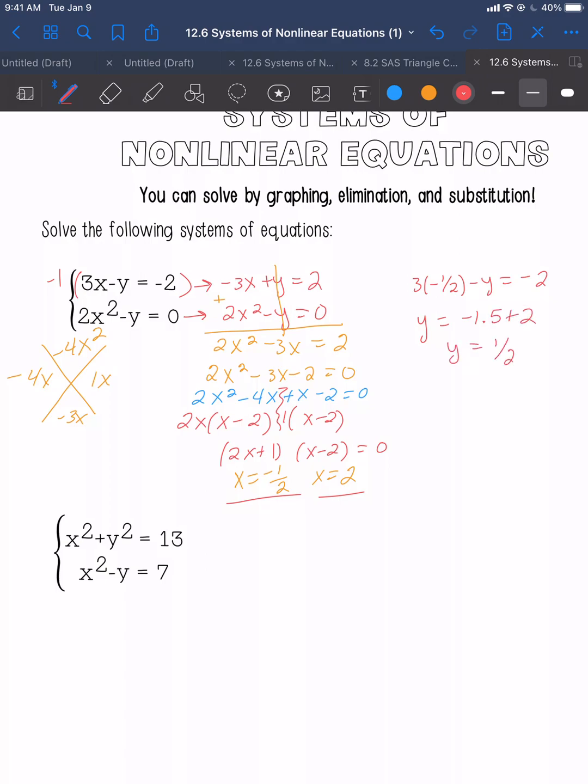So y is +1/2. That means the ordered pair -1/2, 1/2 is a solution. We're going to do the same thing with x is 2. So 3 times 2 minus y equals -2. So y is going to equal 6 plus 2. So y is equal to 8. So that means the ordered pair 2, 8 is also a solution.